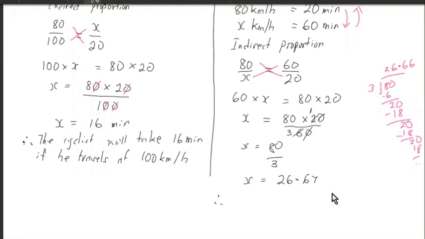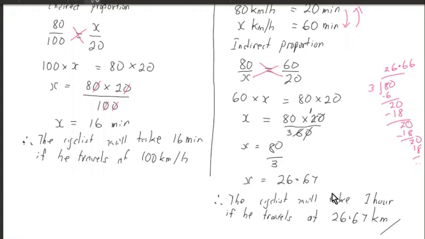So therefore, the cyclist will take 1 hour if he travels at 26.67 kilometers per hour. Okay, so it's important to always leave your answer to at least 2 decimal places. Okay, and don't forget the units.